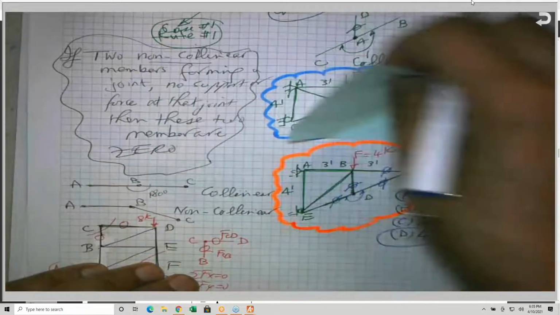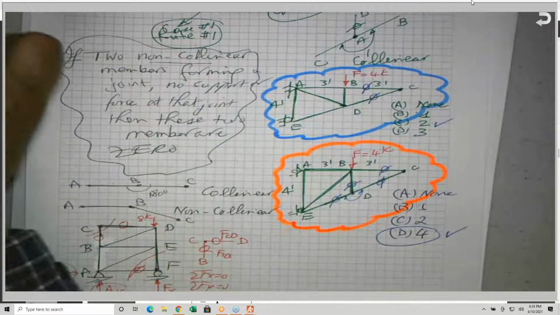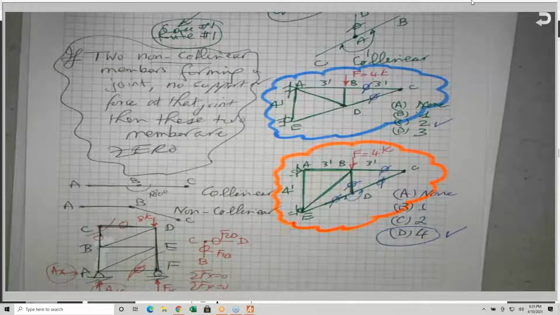And sometimes they are tricky, and I'm sure that we are going to work it together, and I'm sure that you will enjoy it. Let me look at the problem that I was referring to in the NCEES, to see if we are able to get the 0 force members or not.